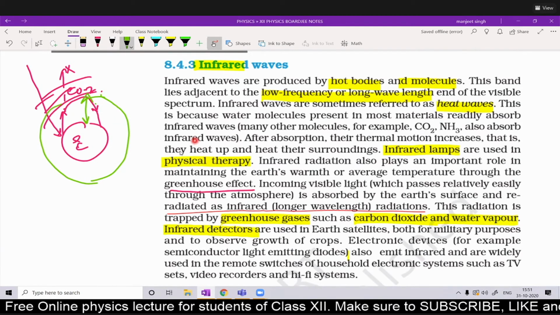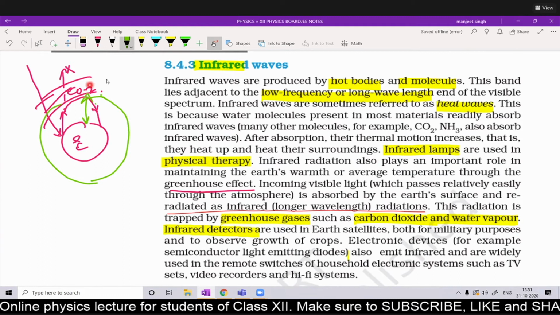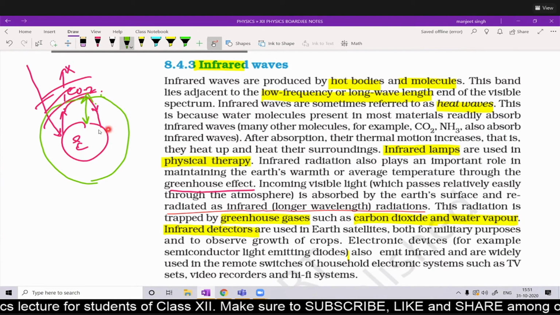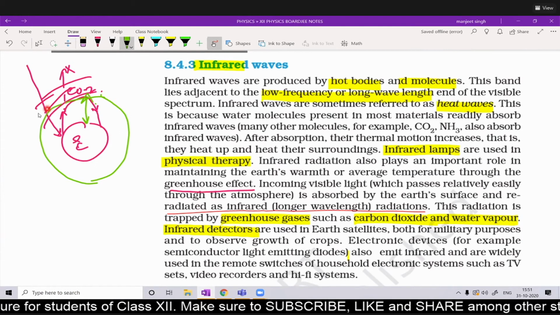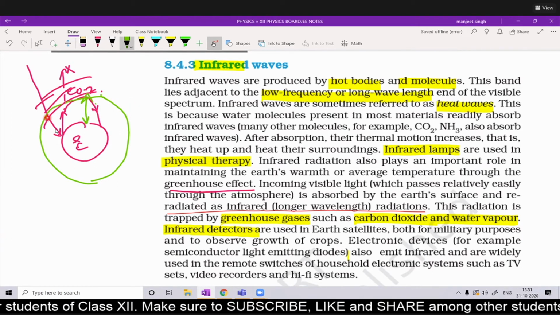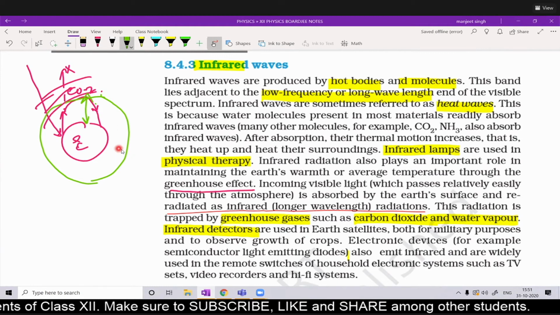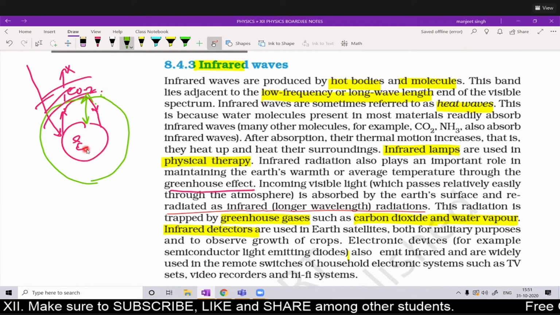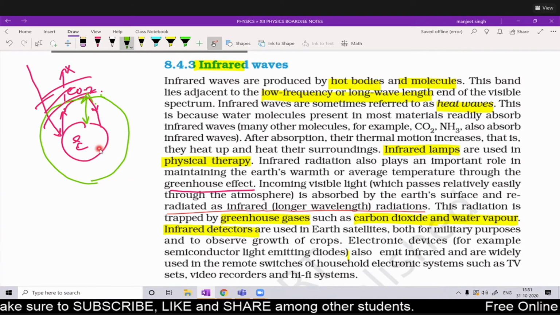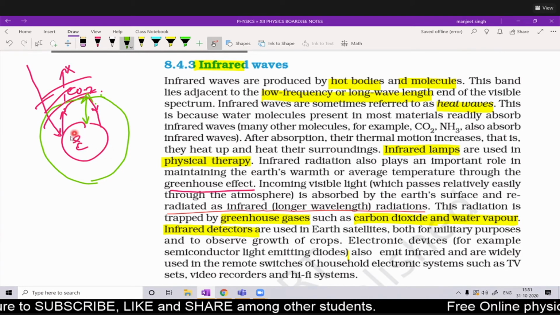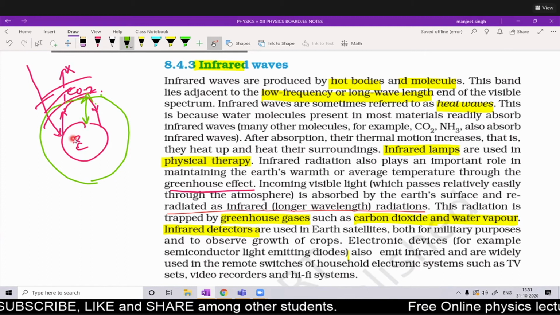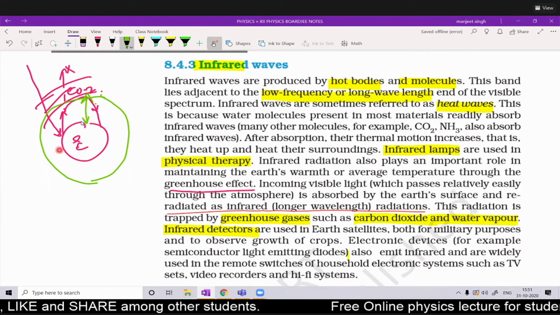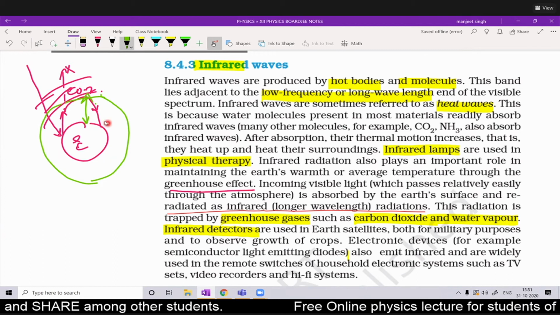Now there is a question: suppose greenhouse gases are not there and this greenhouse effect is not there, then what would happen? The sun would heat the earth too much and the temperature would become very high. At night, when the sun goes to the other side of the earth, the whole of the radiation goes into space and the earth becomes so cool that nobody survives.